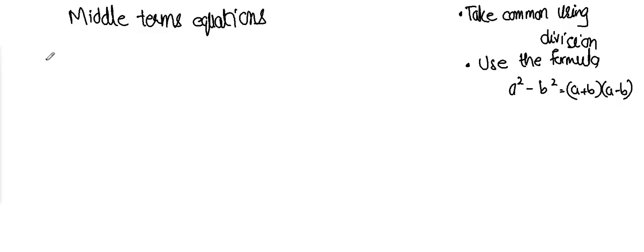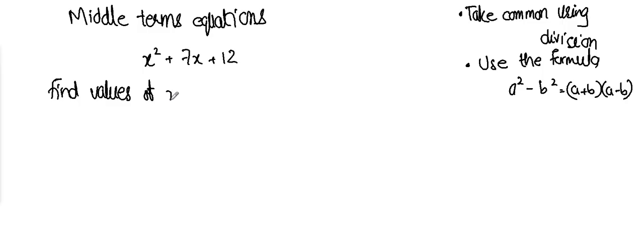Okay, let's continue. Imagine we have an equation x squared plus 7x plus 12. Now we have three terms. I want you to find values of x such that x satisfies the equation. Now what do we mean by satisfying the equation?